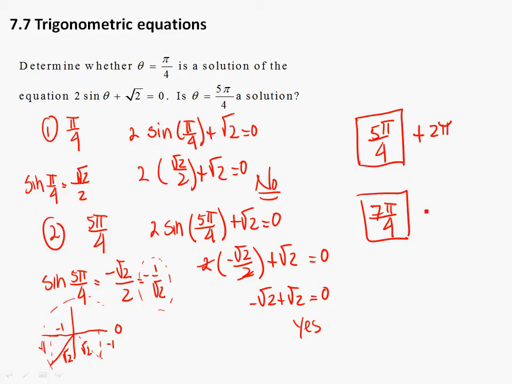Plus 2 pi. Is that it? Just 2 pi? That's it, guys? What's next then? Just one rotation more and then that's it. So now there are 4 solutions. You can keep going. So 4 pi, 6 pi, 8 pi.